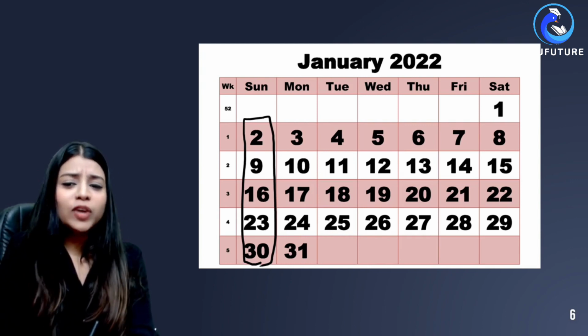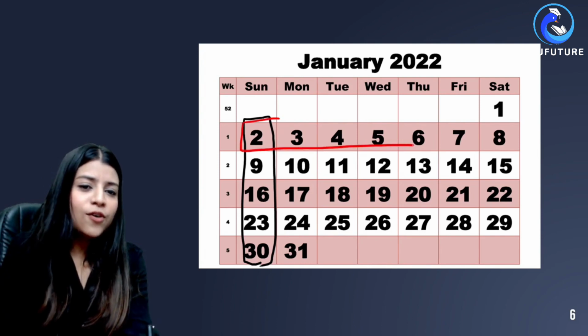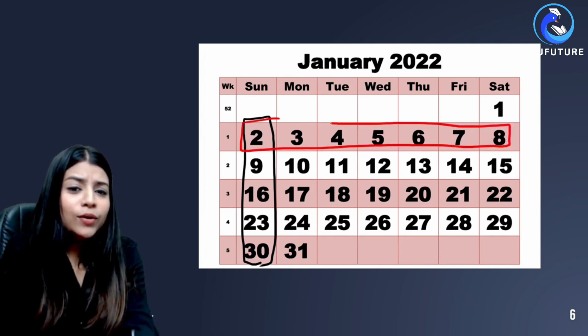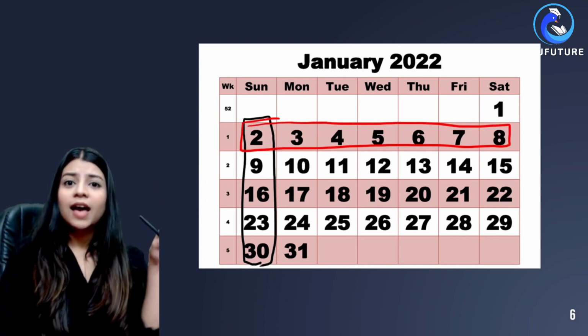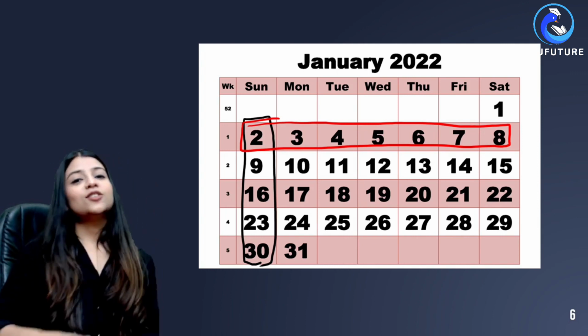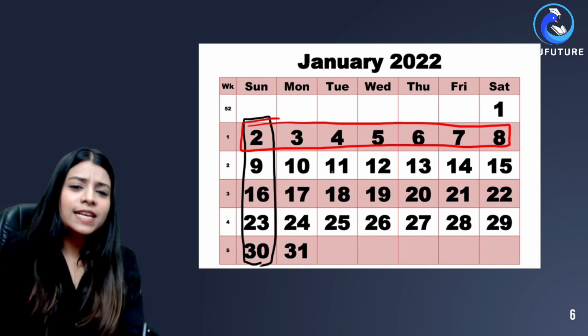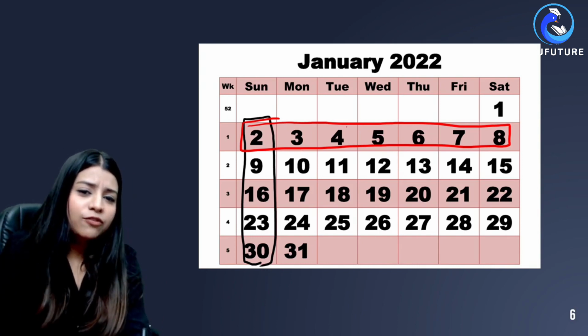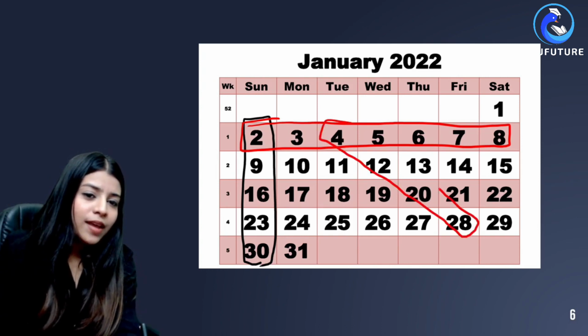If again I change the row and take this one, that is 2, 3, 4, 5, 6, 7, 8, you can again see that the gap between all the terms is 1. And if the gap is the same, that also forms your AP. Suppose I take diagonally 4, 12, 20, 28.